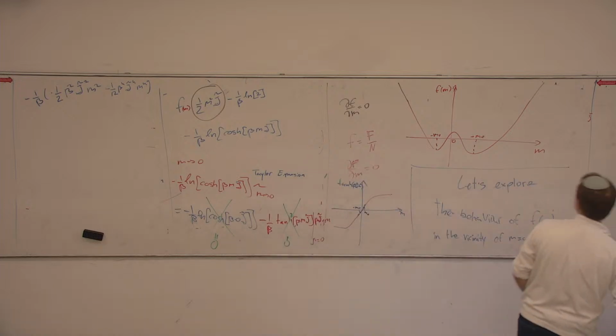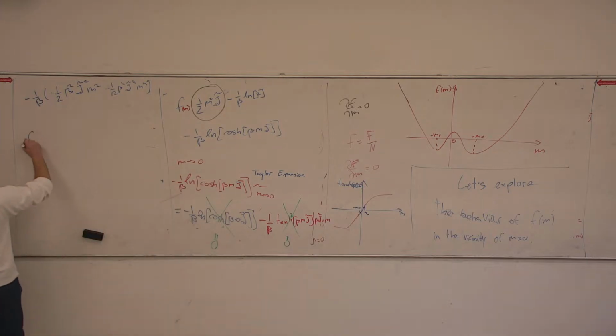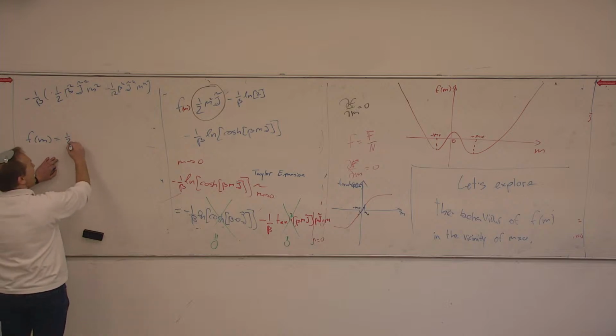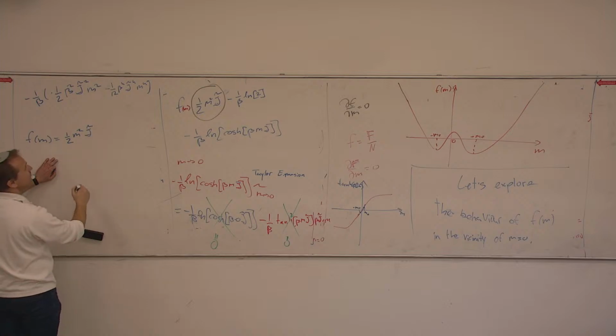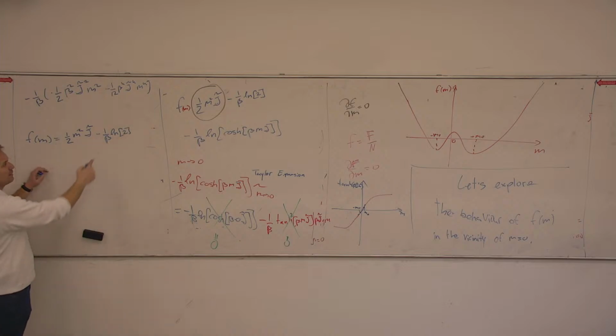We actually need some sort of an equation. So let's write down our f of m. F of m equals 1/2 m squared j tilde minus 1 over beta log of 2, just a constant. It depends on the temperature, but it's a constant.